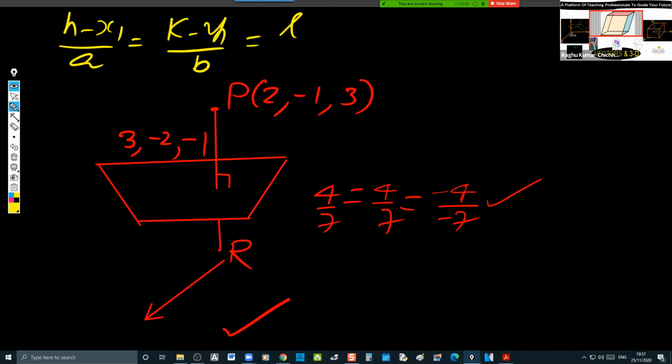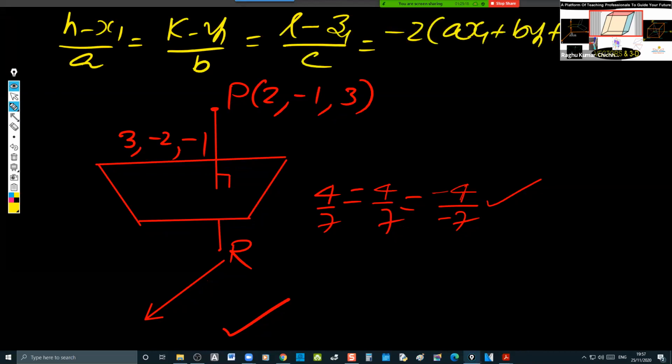But if it is a 3D plane, l minus z1 by c is equal to minus twice of (a x1 plus b y1 plus c z1 plus d) divided by a square plus b square plus c square. This is the formula to be used to get it directly. I hope you understand what I'm saying.